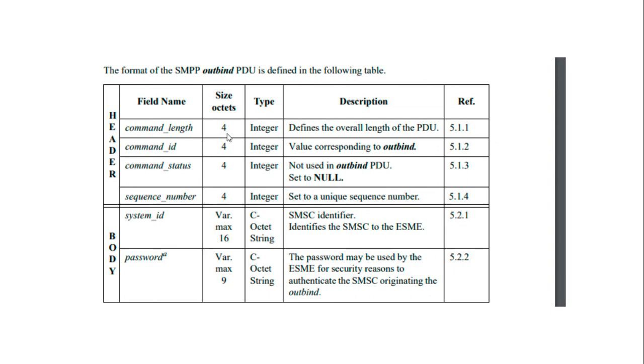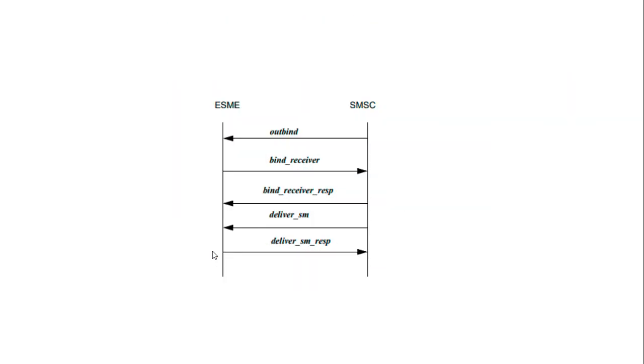It will first send the command length, 4 bytes. Next 4 bytes it will send the outbound request type. Then it will send the command status, then the sequence number, then the system ID and password. So as I mentioned earlier, the outbound request looks like this. This outbound will be sent to the ESME.